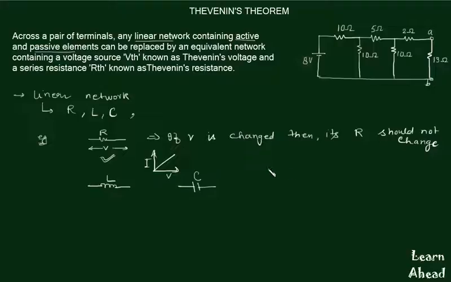But on the other hand, if we see a PN junction diode, then if V is changed, then its resistance changes. And we know this from its IV characteristics. That is, if V is changed, its resistance, that is inversely proportional to its slope, changes. So this is not a linear element. So Thevenin's theorem is applied only for linear networks, which is composed of R, L, and C.